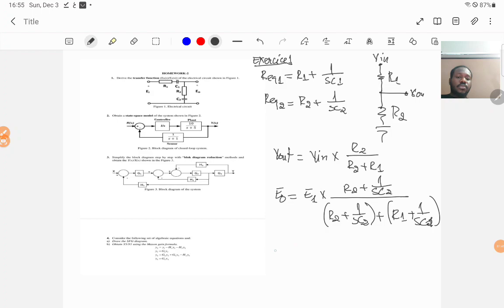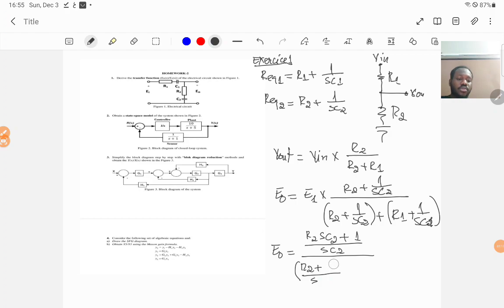So I'm trying to make them in the same denominator. Let's start with the numerator first. So E0 is equal to R2 SC2 plus 1 over SC2, and in here we will get R2 SC2 plus 1 over SC2.